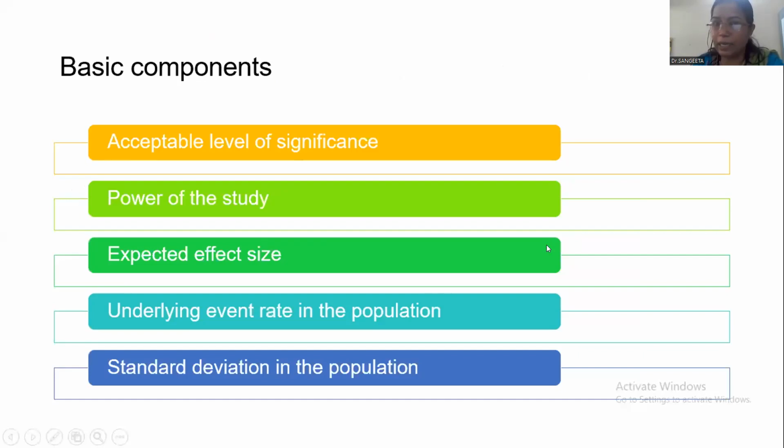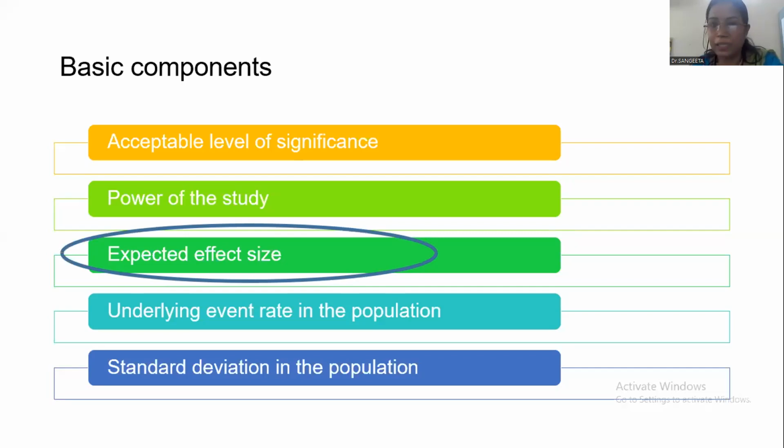Power of the study, I have already dealt with. So right now what we have completed is the significance level and the power. Moving to the next one, that is expected effect size. Now, what is expected effect size?